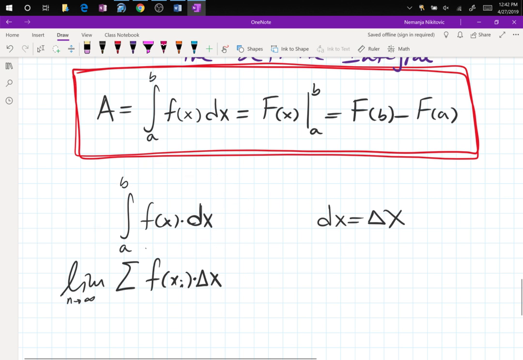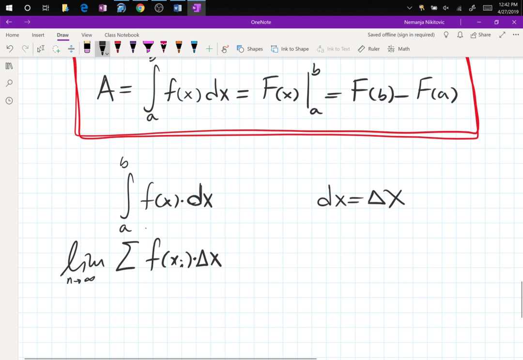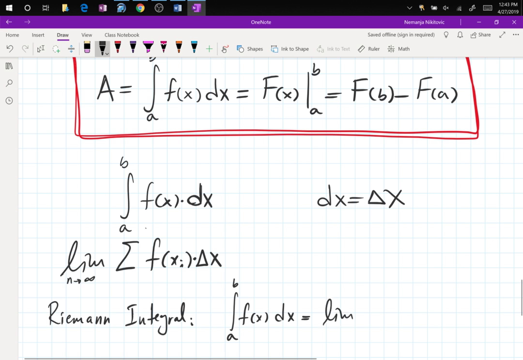So when someone mentions the Riemann integral, named after the German mathematician Riemann who figured it out, you say that the definite integral from a to b of f of x dx is equal to the limit as n goes to infinity of the summation from i equals 1 to n of f of c_i delta x.